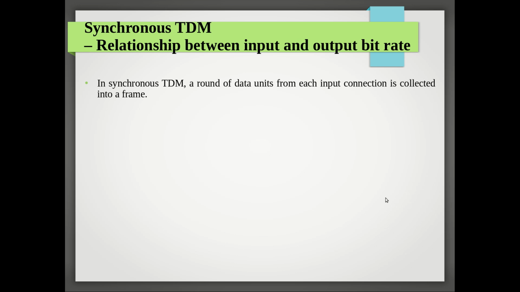Whatever I explained in the previous figure, I have listed here. Just go through this. In synchronous TDM, a round of data units from each input connection is collected into a frame. So within a frame, we have information from all the sources taken in a round robin manner, like source 1, source 2, source 3, again source 1, source 2, source 3.